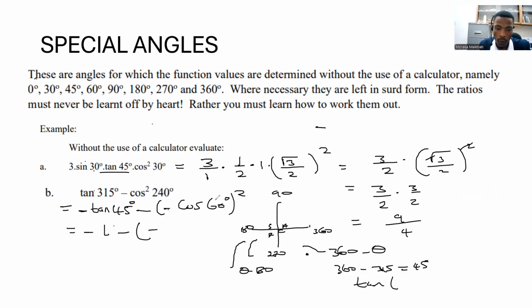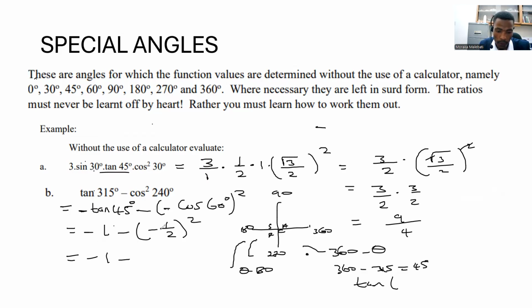We know that cos 60 is a special angle. It's 1 over 2 and then squared. Negative times negative is positive. If we say negative half squared, we'll just have negative 1 minus this one.